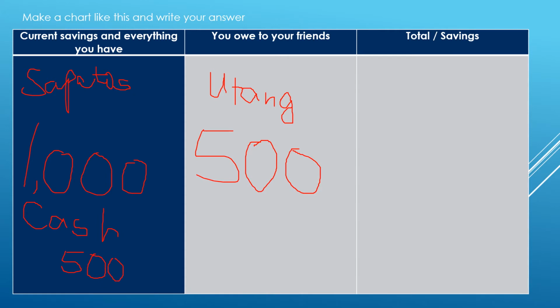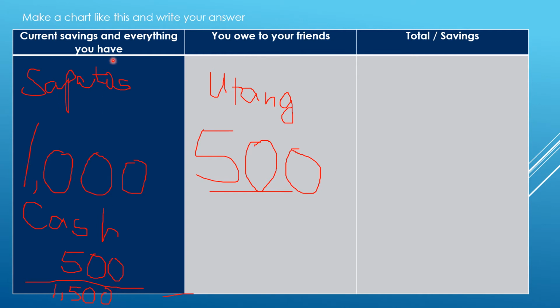So, yung current savings ko ay 1,000 plus 500 is 1,500. Okay, 1,500. Less natin yan. Magkano bang utang natin? 500.